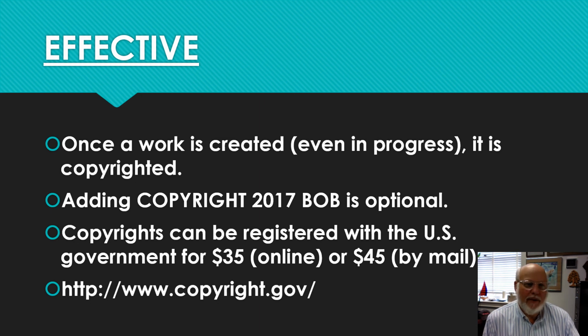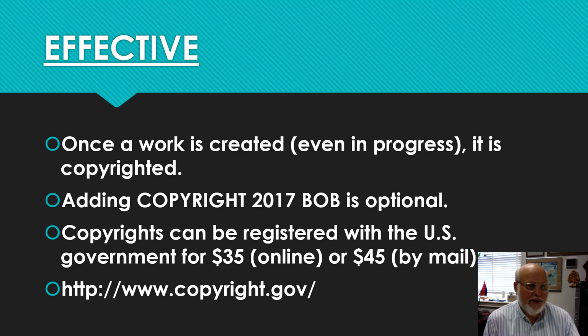Once a work is copyrighted, when the fingers leave the keyboard, when the shutter clicks, when the pen is lifted from the paper, that moment, whatever is done is copyrighted to the person who created it. It's the magic. Even works in progress.